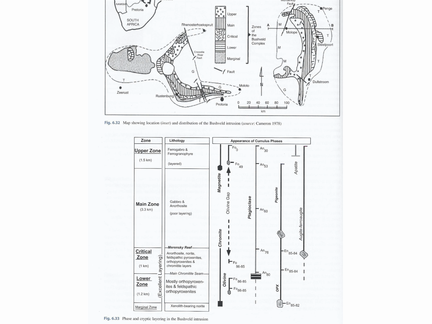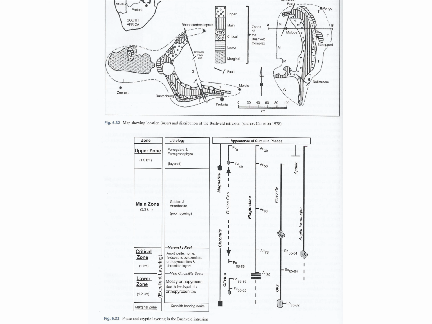Then we have the critical zone, that is the Merensky reef. We have then anorthosite, norite, feldspathic pyroxenites, orthopyroxenites, and the chromite layer. And we have the lower zone, with mostly orthopyroxenites, feldspathic and feldspathic orthopyroxenites. And then we have a marginal zone, with a xenolith bearing norite.